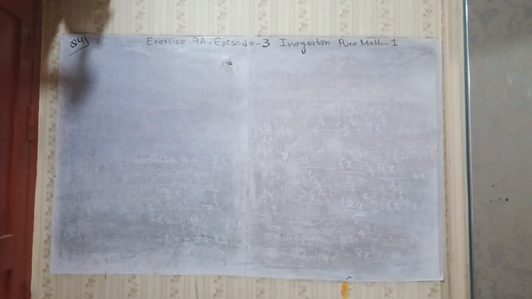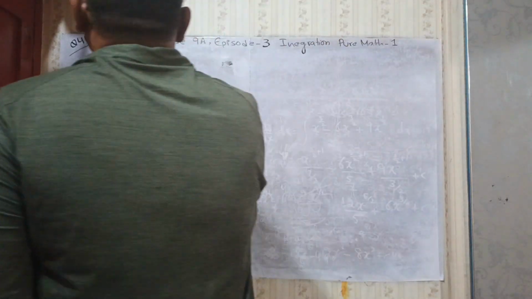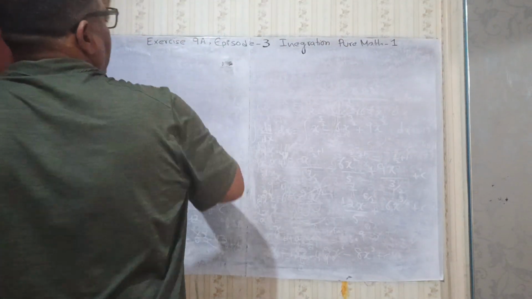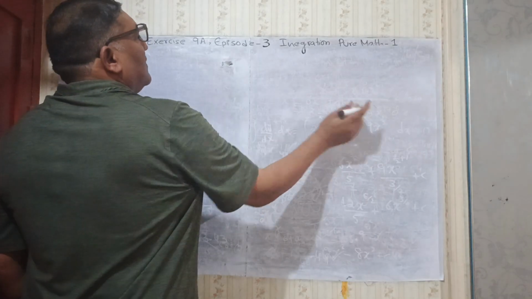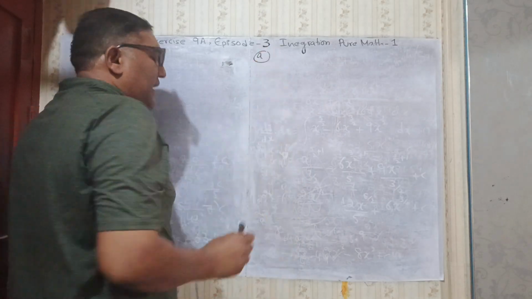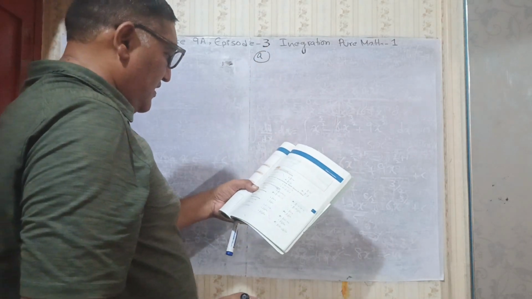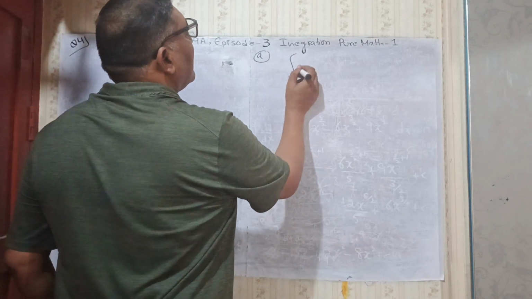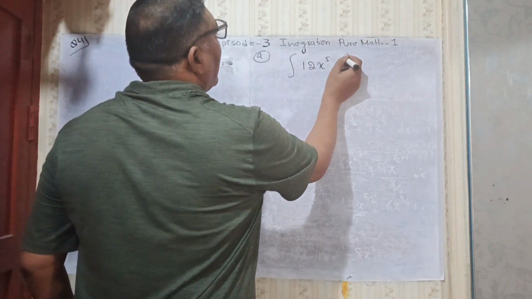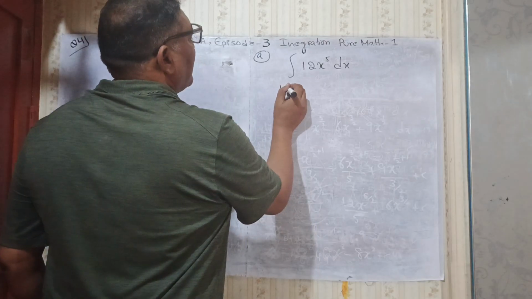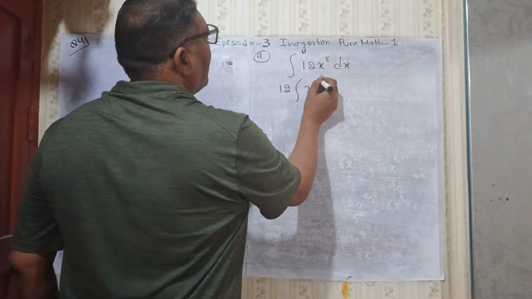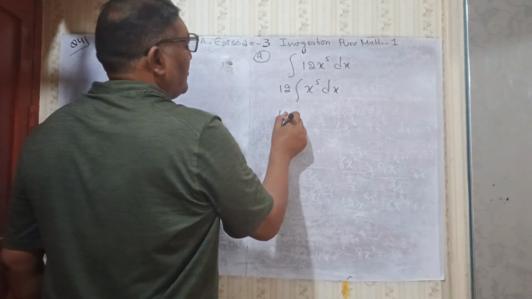Find each of the following. Question 4, part A: integrate 12x raised to power 5 dx. The 12 will come outside, x raised to power 5 dx.